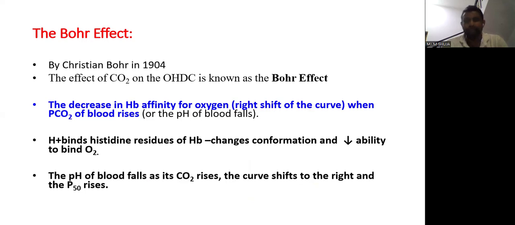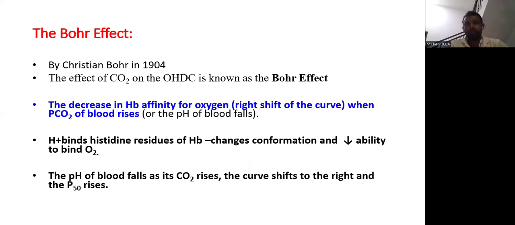So they say it in a different way: the decrease in hemoglobin affinity for oxygen when carbon dioxide pressure of the blood rises, because the H plus which is formed because of the increased carbon dioxide binds this histidine residue in the hemoglobin and reduces its ability to bind oxygen.